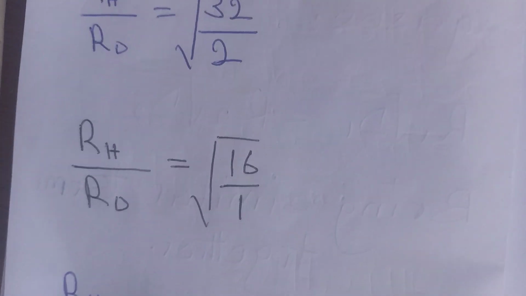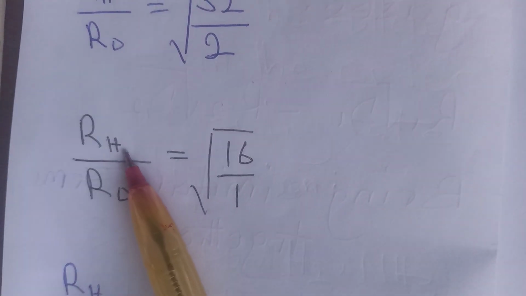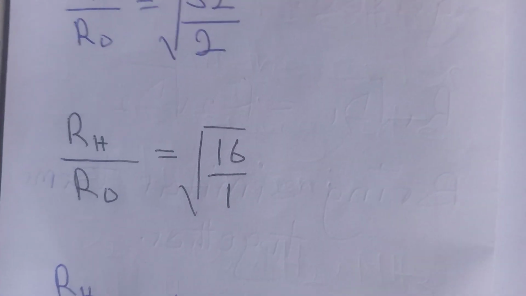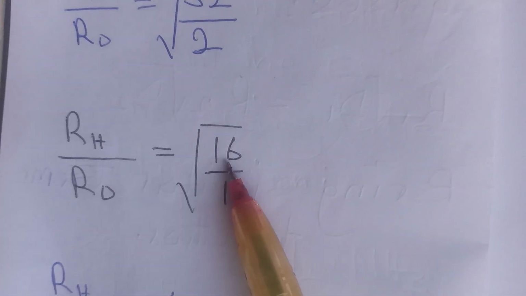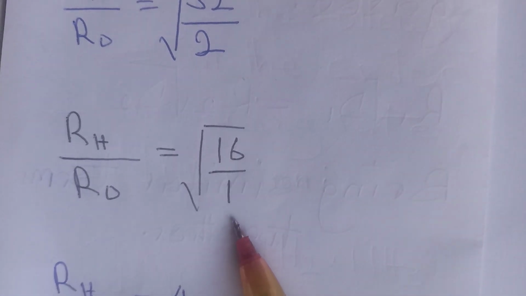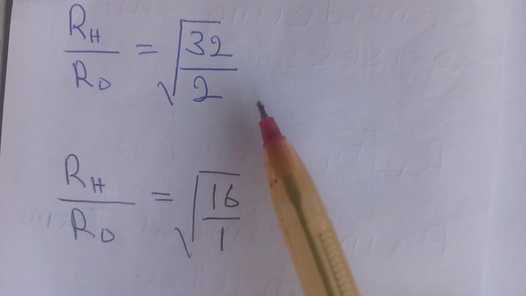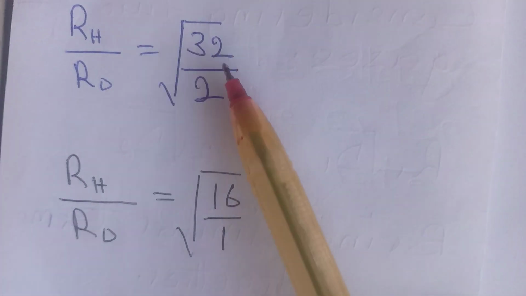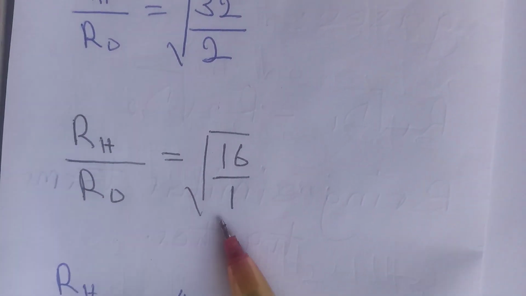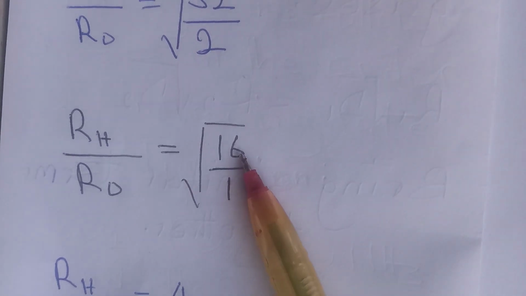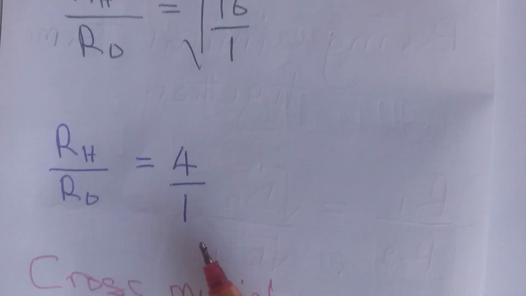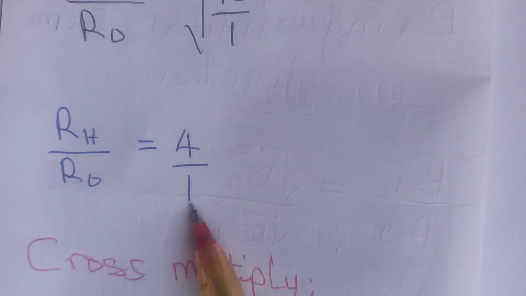Then if you solve this equation, you will have the rate of diffusion of hydrogen over that of oxygen equals 16 over 1. That is, you use this 2 to divide 32, you will arrive at 16 over 1. Square root of 16 is 4, square root of 1 is 1. Then this equation will further boil down to 4 over 1.